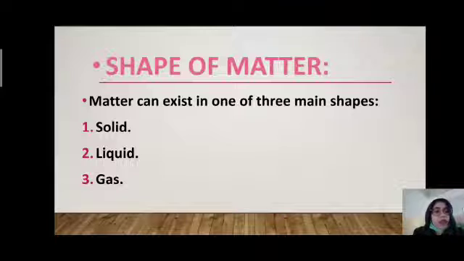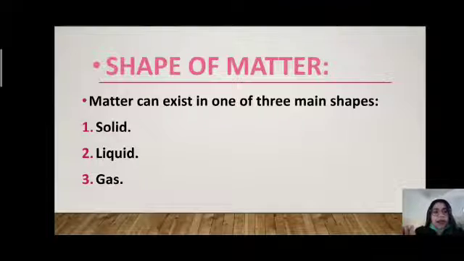I have told you that matter can exist in one of three main shapes. The first one is solid, the second one is liquid, and the third one is gas. For example, a cube of ice is a solid.